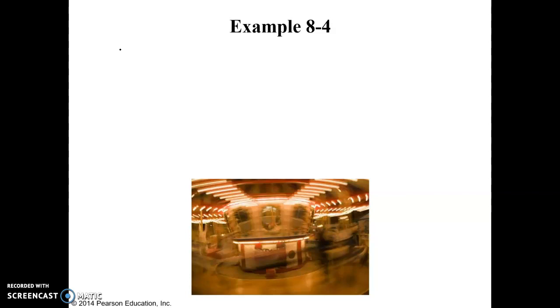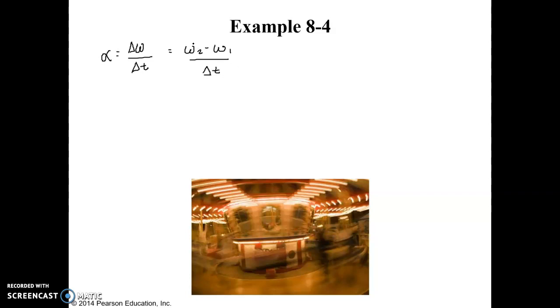Let's start with our definition of angular acceleration. Angular acceleration alpha is equal to the change in angular velocity omega over the change in time. Another way to express delta omega is omega 2 minus omega 1 over delta t.